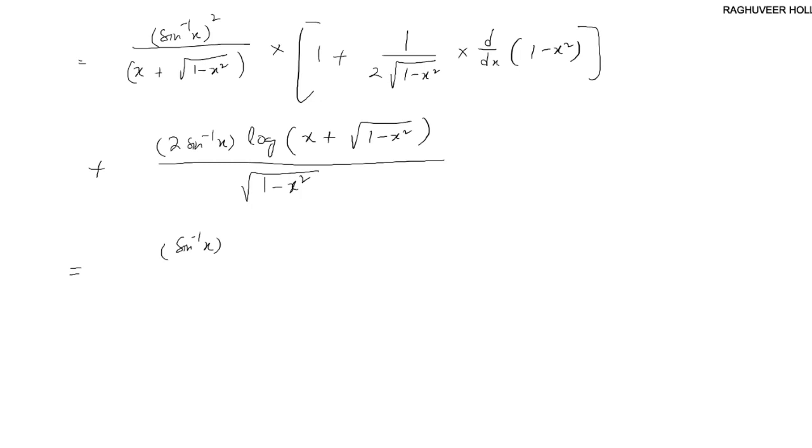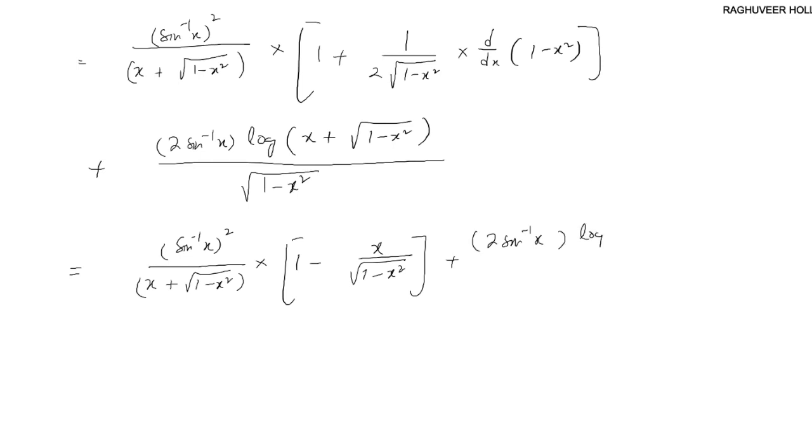so which is equal to (sine inverse x) whole square divided by (x plus square root of 1 minus x square), okay, multiplied (minus x by square root of 1 minus x square), right, plus, now you have the second term, which is 2 sine inverse x, right, and this is log of (x plus root 1 minus x square), right?